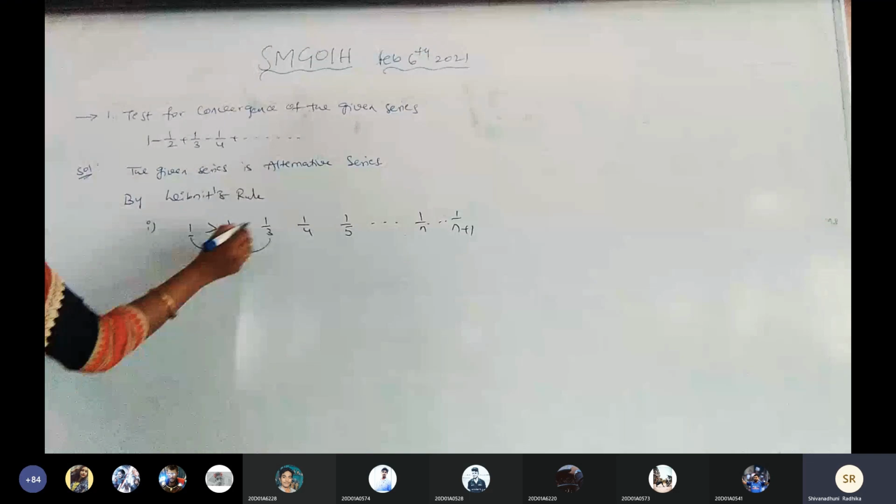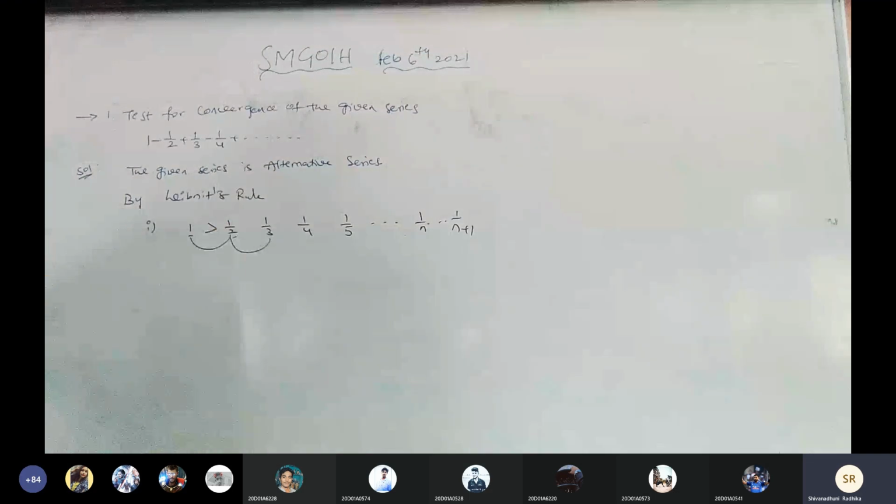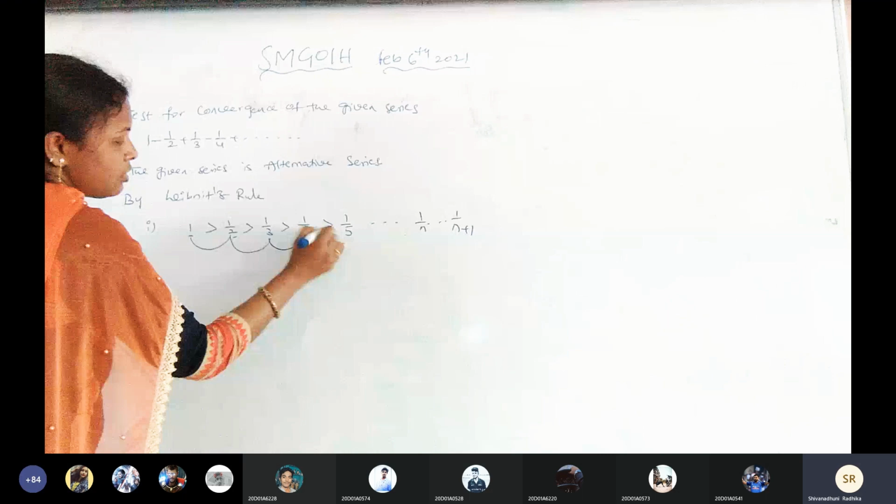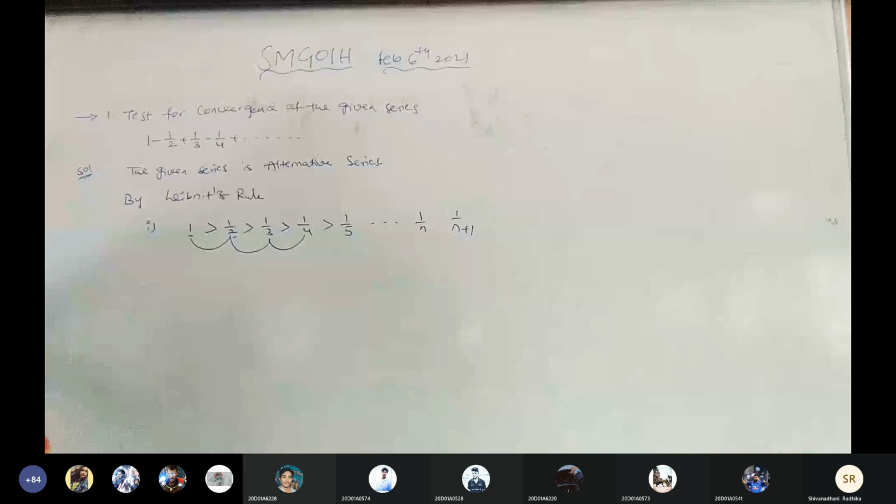Which is the biggest value? 1 by 2. Again check: 1 by 3 and 1 by 4. Which is the biggest? 1 by 3. 1 by 4, 1 by 5: 1 by 4. And here 1 by n and 1 by n plus 1. Which is the bigger value? 1 by n. Is it clear?